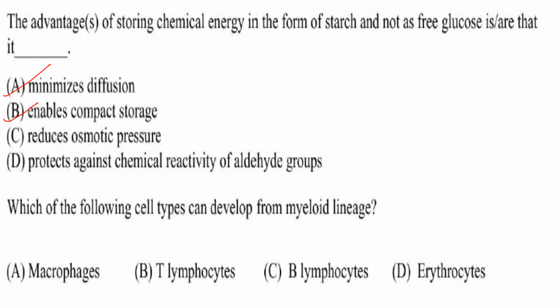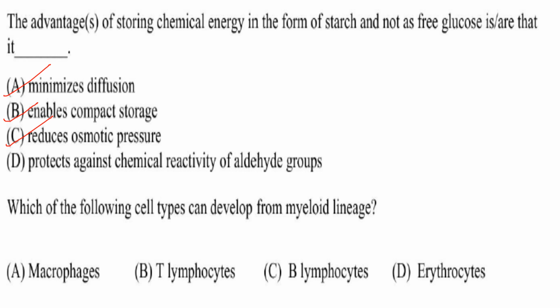Reduces osmotic pressure. Starch is insoluble and so it will not contribute to osmotic pressure, whereas glucose is soluble and it can result in increase in osmotic pressure if the concentration is high. So yes, starch reduces osmotic pressure.